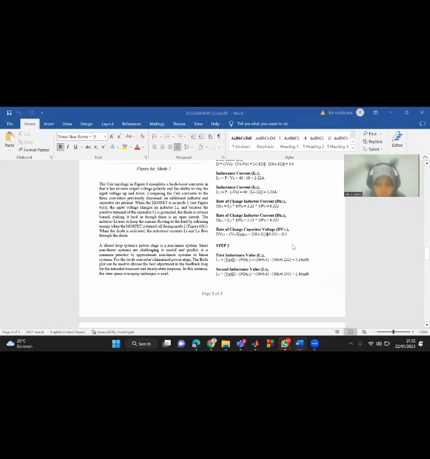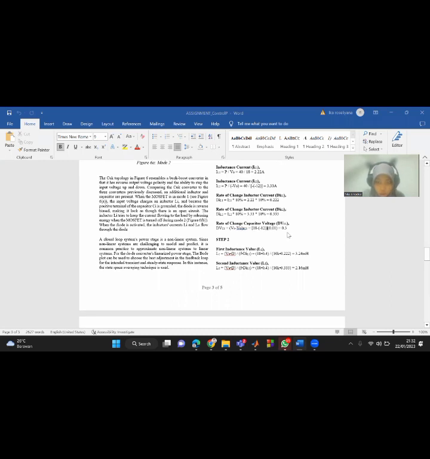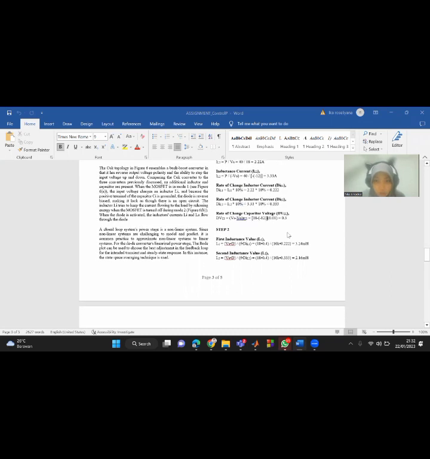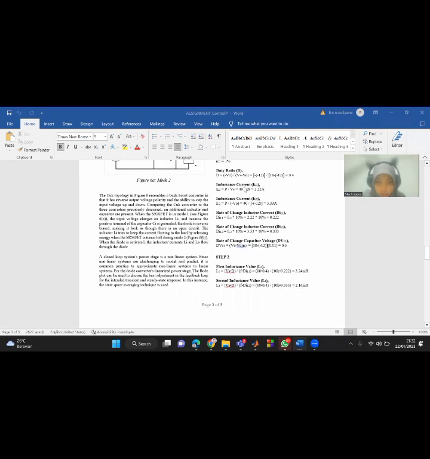Then we can get the rate of change of capacitor voltage, which is 0.3.